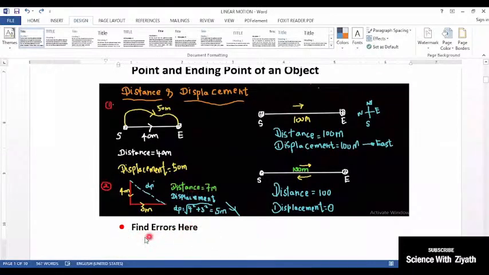I put here these 5 errors. What is the error? The distance between the starting point and ending point is displacement. It should be 40, and I have put here 50 because you should find these errors. Right.